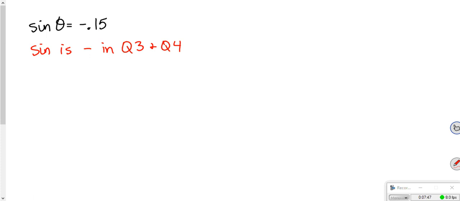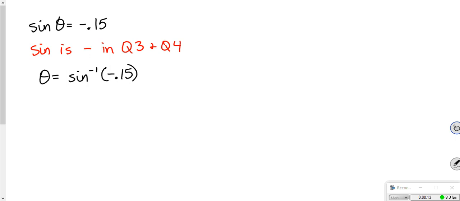So now, 0.15, not on our unit circle. We're actually going to have to use our calculator and do arc sine. Okay, so my theta is going to equal arc sine of negative 0.15. Make sure your calculator is in radian mode.